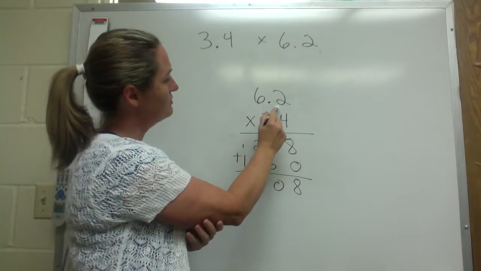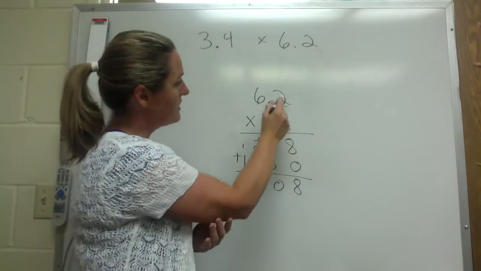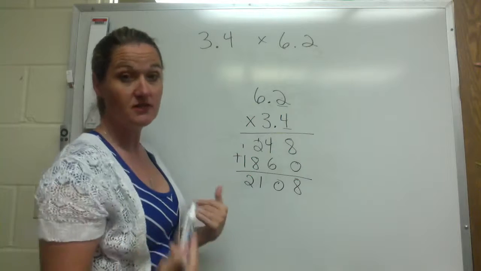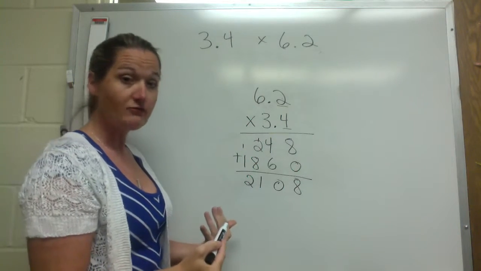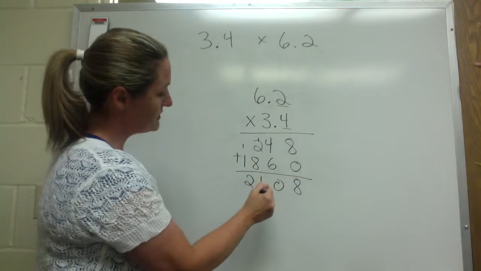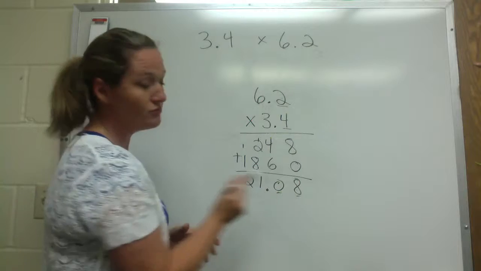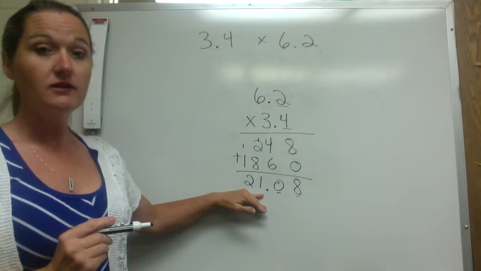Well, 6.2, the 2 is behind the decimal. 3.4, the 4 is behind the decimal. So I have 2 numbers behind the decimal. Okay, so in my answer, I also need to have 2 numbers behind the decimal. So I start at the back, 1, 2, my decimal goes there, and I have 2 numbers behind the decimal. So my answer is 21 and 8/100.